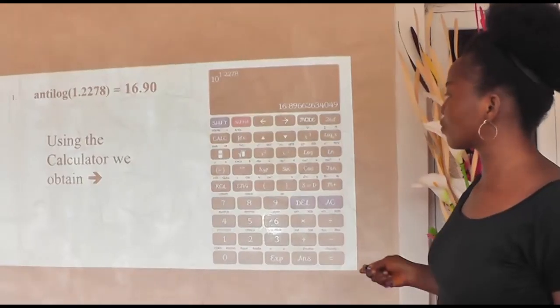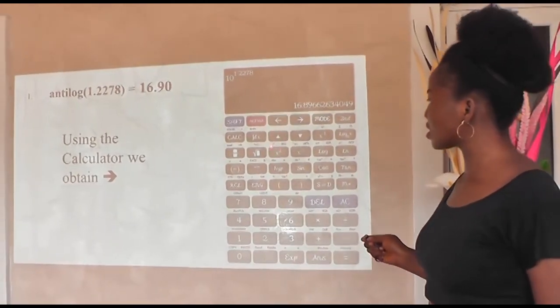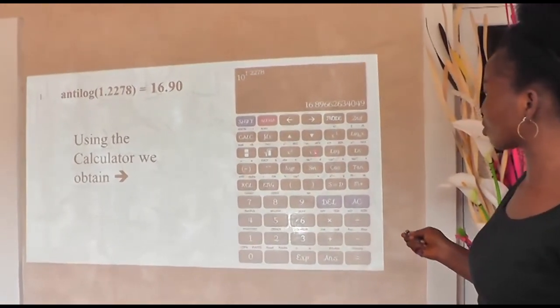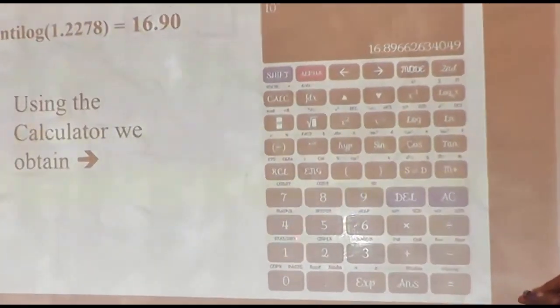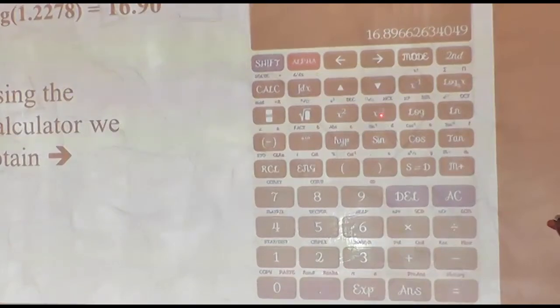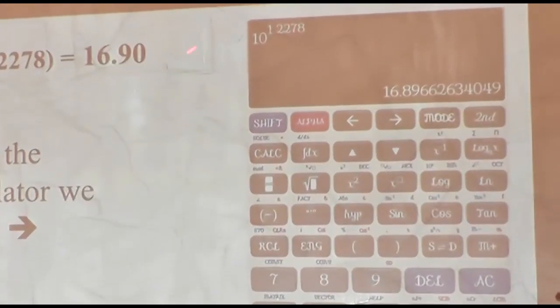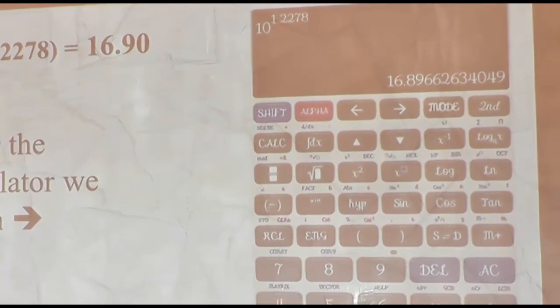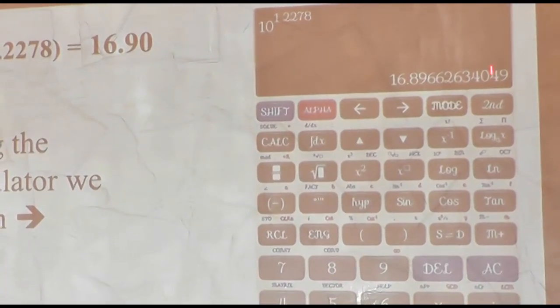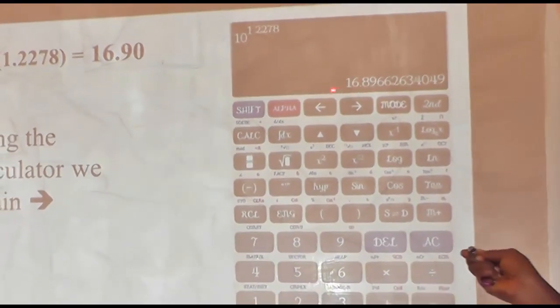And in the use of the calculator, we can press x raised to the power of this. That is when we have 10. When you type 10, press this. It will give an option of the power you want it raised to. So you type 1.2278. Then you press equal to, then you have your answer displayed.